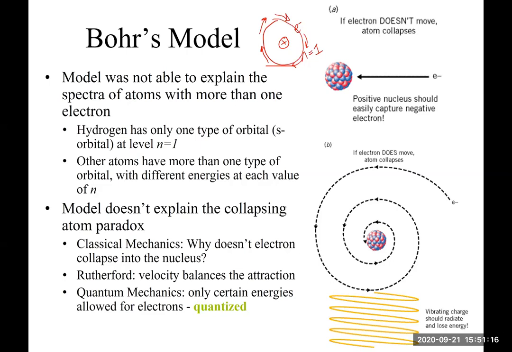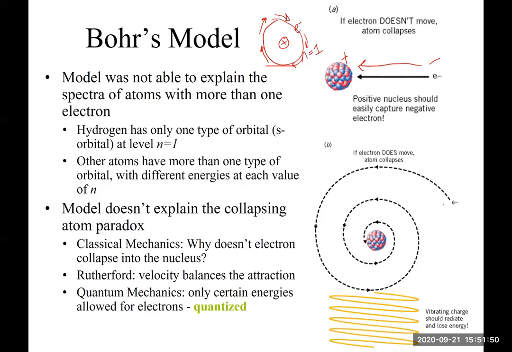And when you think about it, this makes perfect sense that the electron should be collapsing into the nucleus, because if it's orbiting around a positive charge, like I've shown in that little sketch at the top, well, positive charge, negative charge attract. And so there's no reason why the electron, which is moving, wouldn't radiate and lose its energy and eventually just collapse into the positively charged nucleus that it's attracted to.